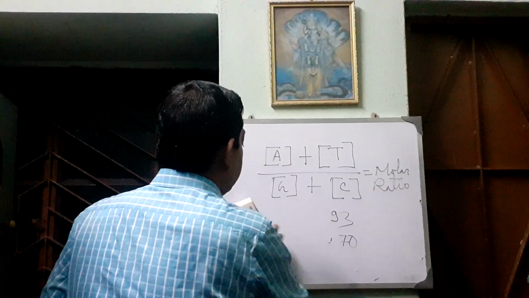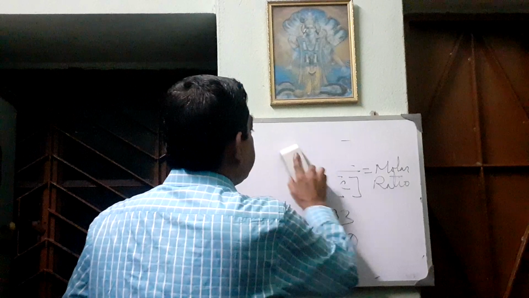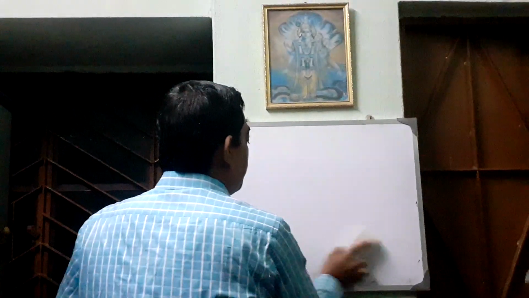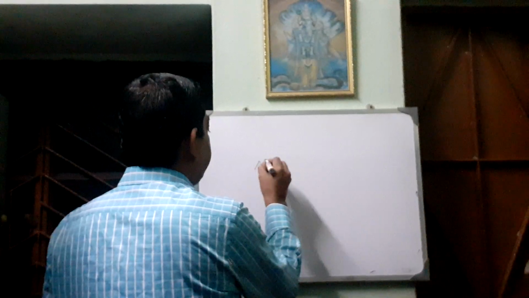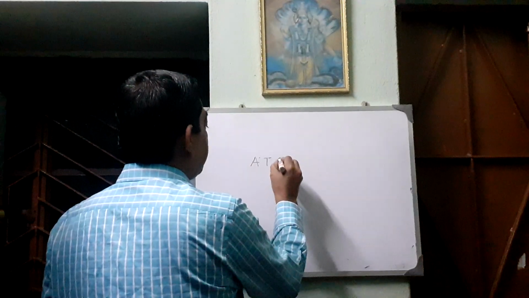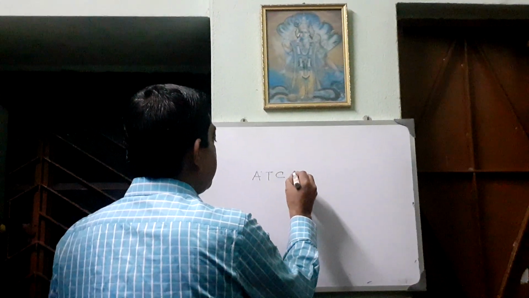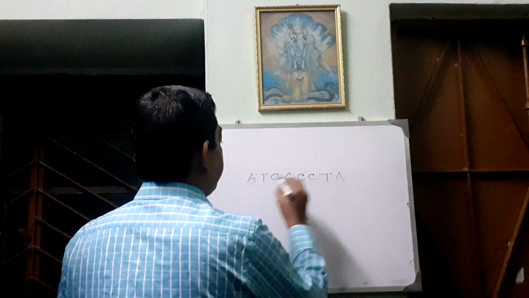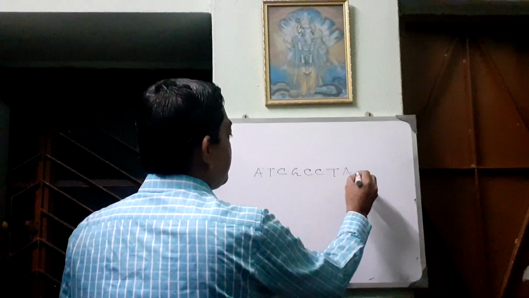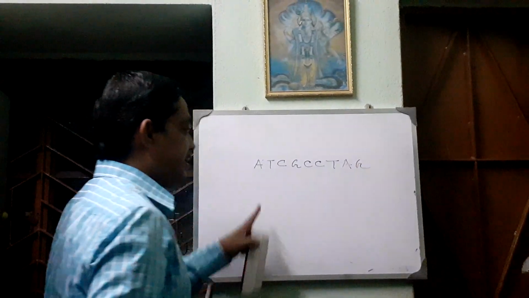Now come to another point. There are 2 strands present in DNA, like A, T, C, G, C, C, T, A, G, like that.